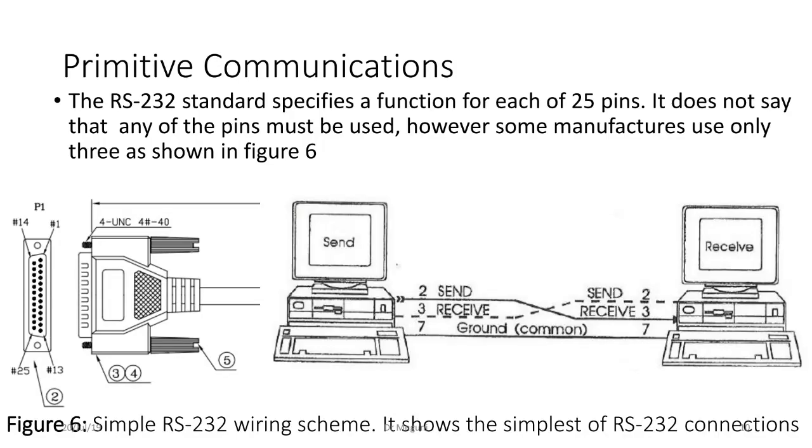Now, in this figure you'll find out that you have only 3 pins. I want to start this in a very simple way. You've got your computer on the left, and then here you might have your PLC, but in this case, they just put another computer.